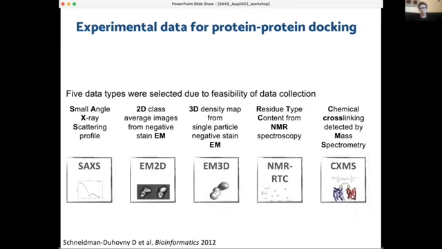So again, the same approach can work with different data sets. So SAXS, it can be EM2D, as I showed you for antibodies, 3D, and cross-linking. And we tested it on those 5 data types. So this is shape information, SAXS and EM. And the crosslinks give us medium range distances. We also had a data set that can give us information about the interface.